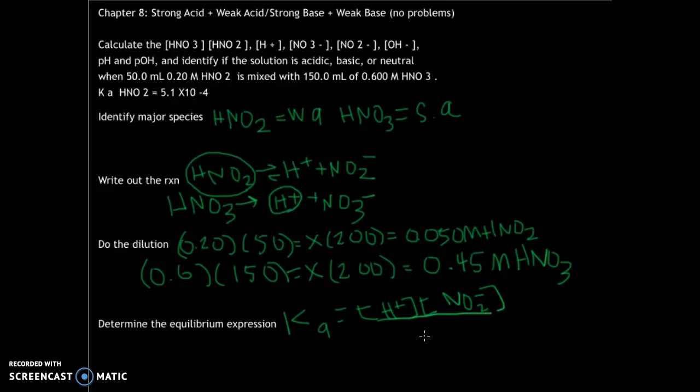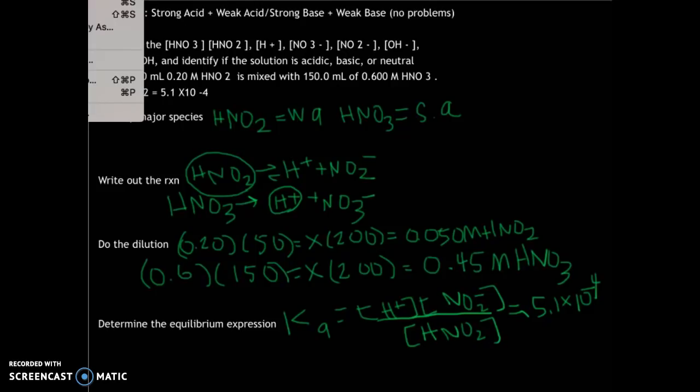And all of these are aqueous, so they all get written in here. Okay? And K is given, right? So K was given. Ka of the nitrous acid. So all of this is going to equal 5.1 times 10 to the -4th. Right? So here's my equilibrium expression with my Ka value. Okay? And I only write it for my weak acid. Strong acid is irrelevant right now.